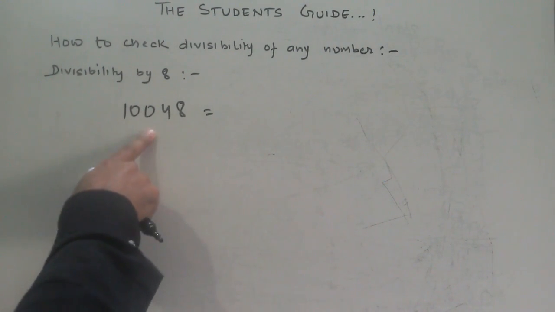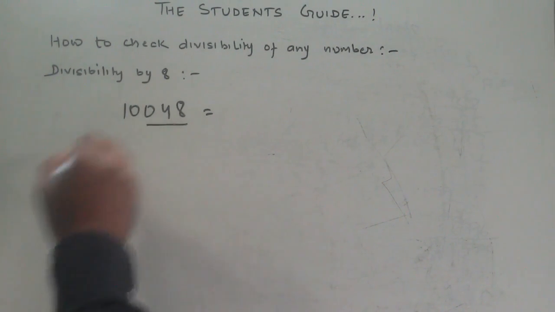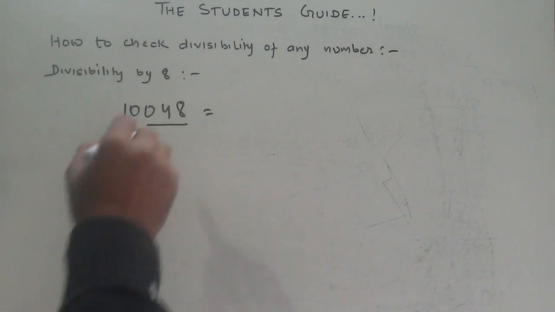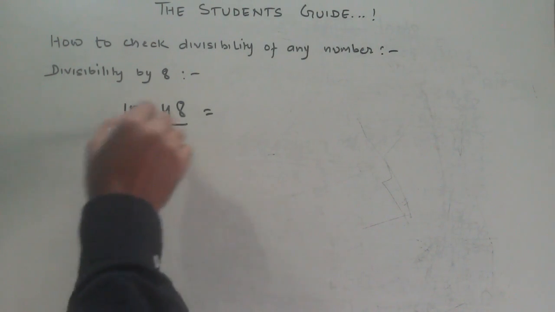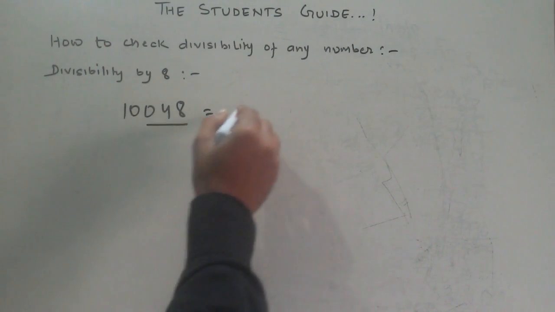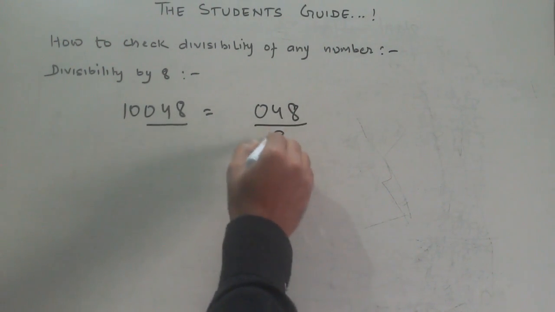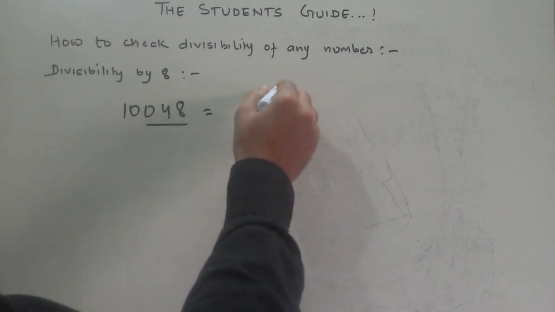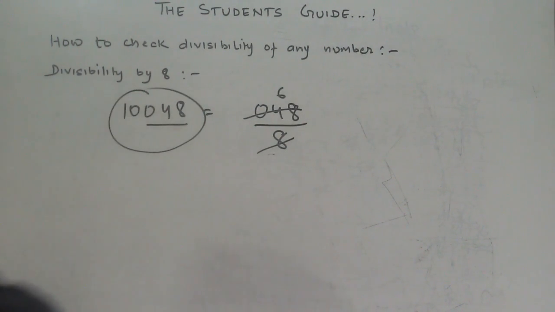Whether this number is divisible by 8 or not, we will check the last 3 digits of the number. So what we have, the last 3 digits are 048. This number is divisible by 8. 8 sixes are 48. Yes, then this number is divisible by 8. Okay, we have to check the last 3 digits.